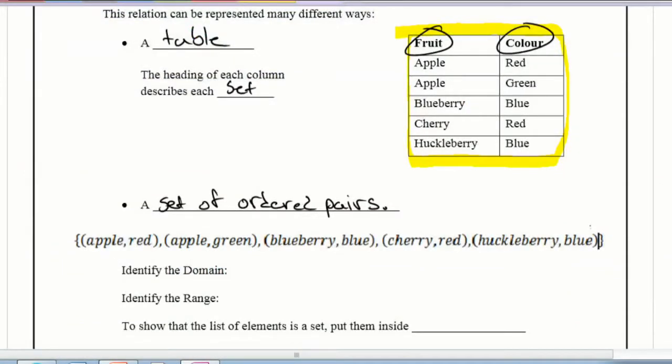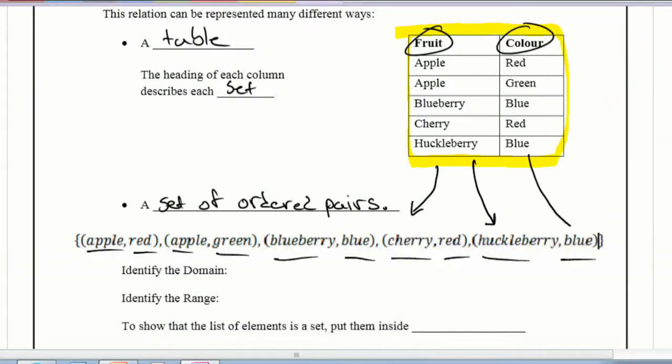So rewriting everything in the table up above, we're just bringing all this stuff down. Apples may be red, apples may be green, blueberries may be blue, cherries may be red, huckleberries may be blue. So the first thing is the first object, the second in the column is the second object. And we've just rewritten everything along the way.